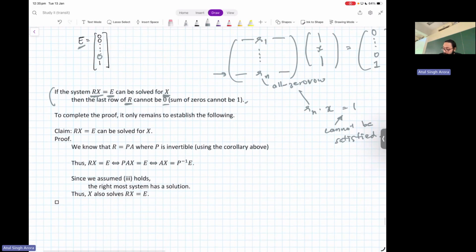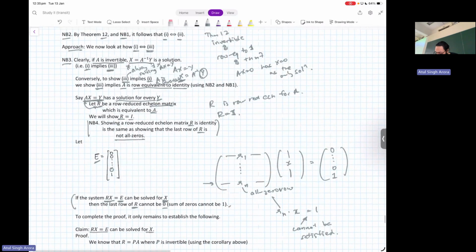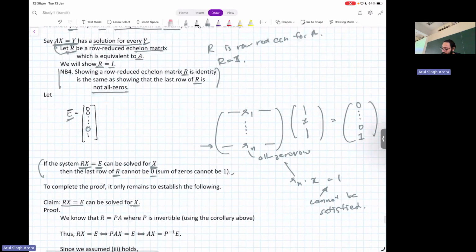So now, what does it say? It says that Rx equals E can be solved for capital X. What we have established now is that if Ax equals y holds, so you can solve it for all y's, then it must be the case that you can also solve Rx equals E for all E's, because the solution set is the same.